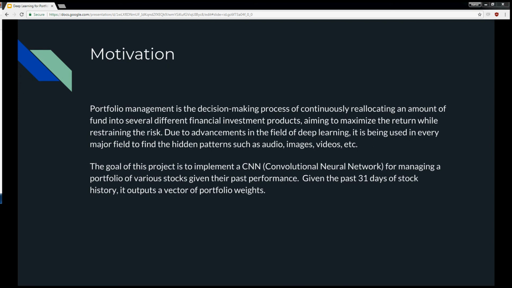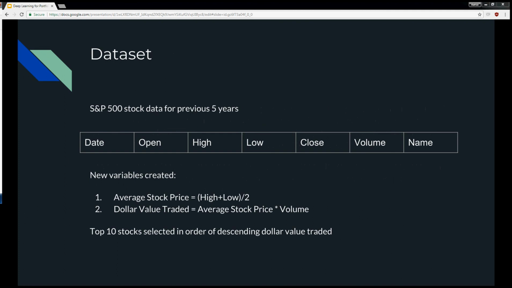It outputs a vector of portfolio weights. This is the primary crux of our model: to create a vector of portfolio weights that will allow us to figure out how much weight should be assigned to different stocks in our portfolio.